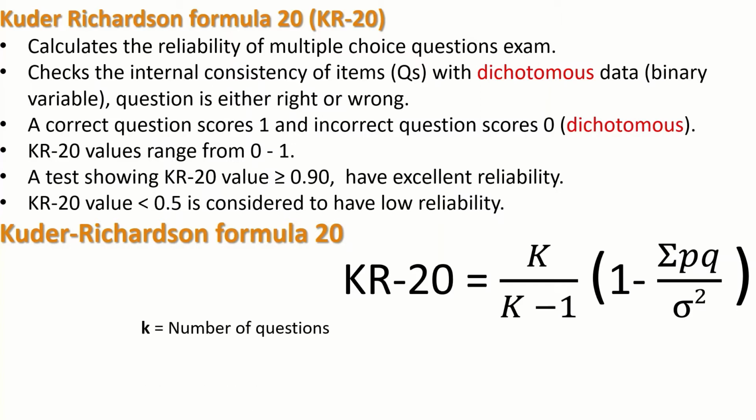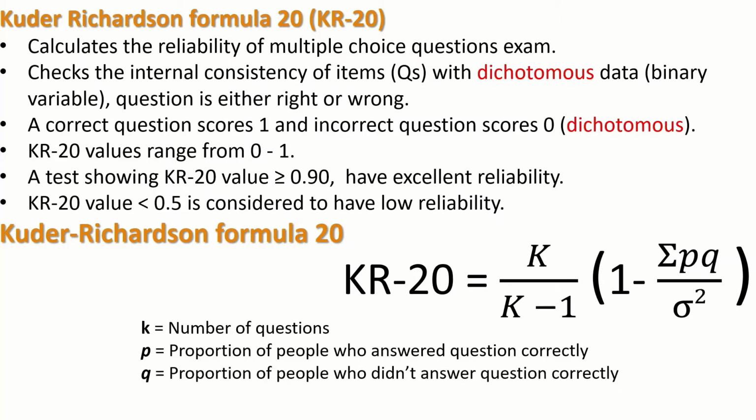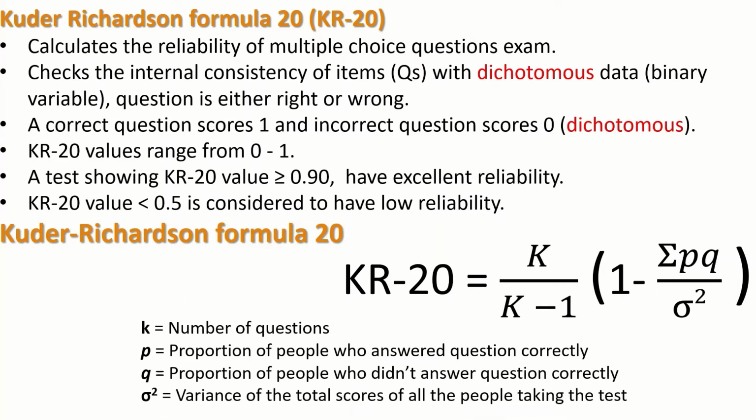K stands for the total number of questions. P stands for the proportion of people who answered the question correctly. Q is the proportion of people who did not answer the question correctly, and the variance is of the total score for all students participating in the test.